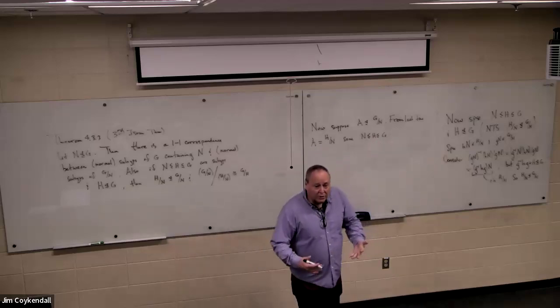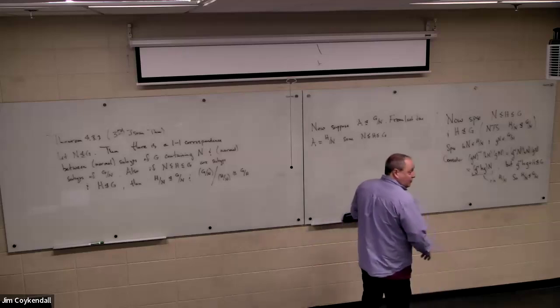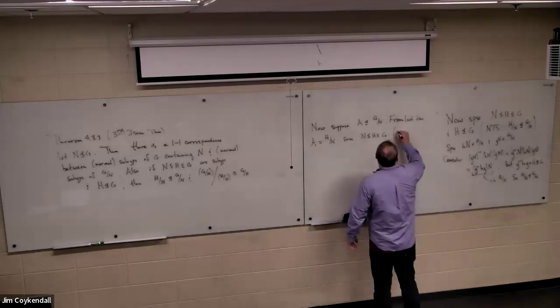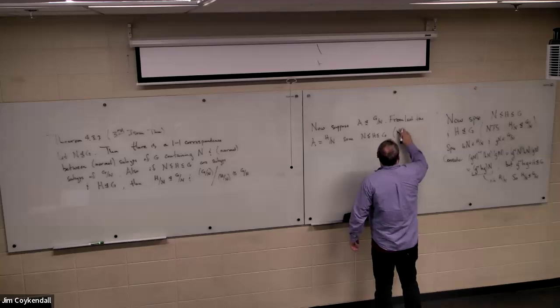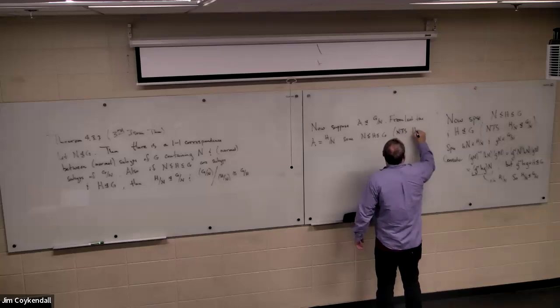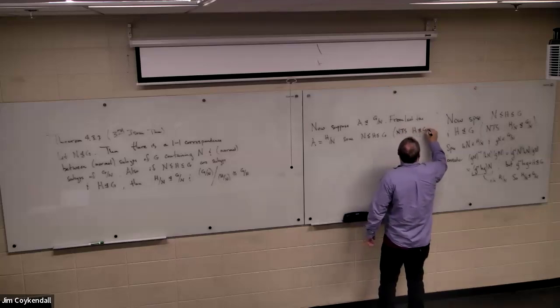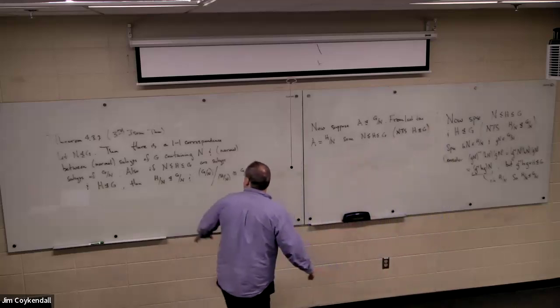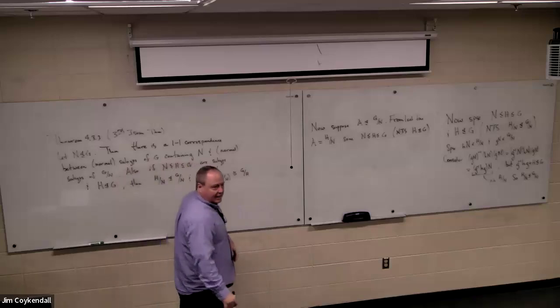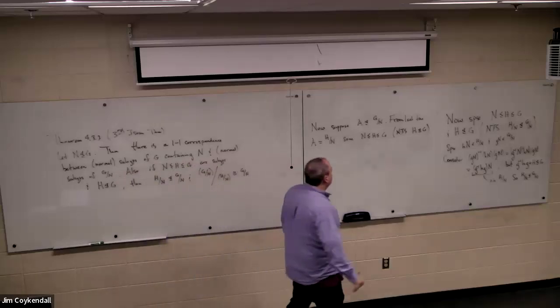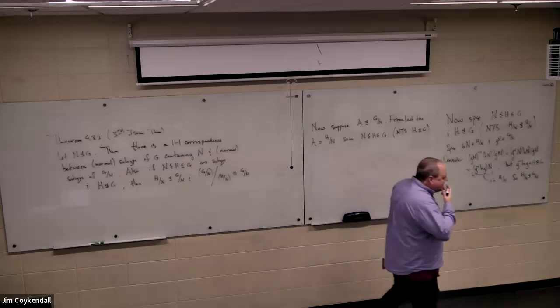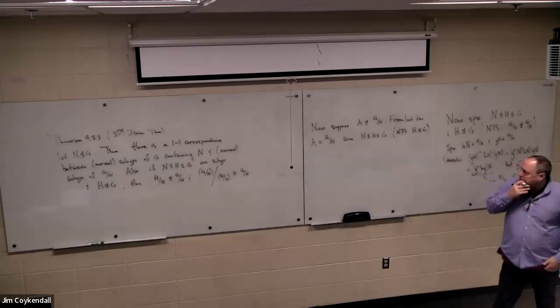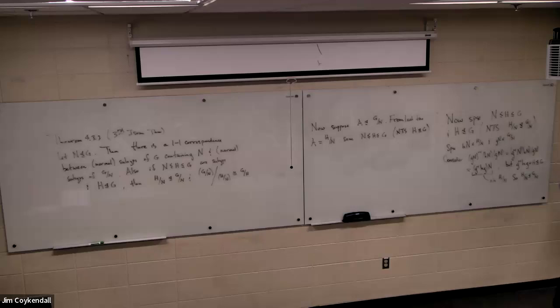Now, what I really want to do is show that H is normal in G. That's my goal. And then I will have the normal part of the statement taken care of. Okay. So how are we going to do that?